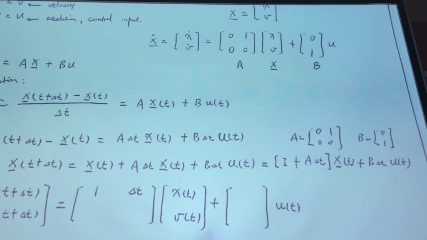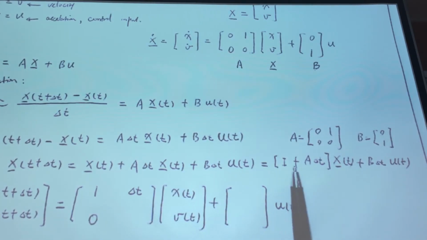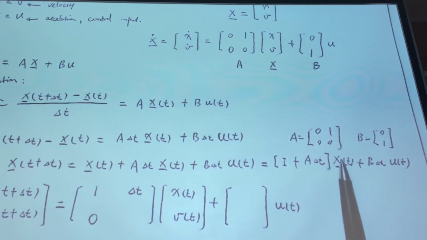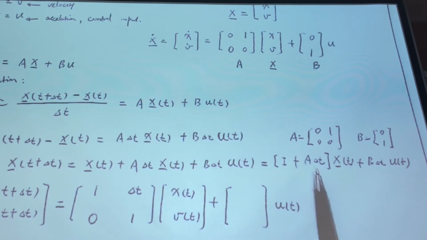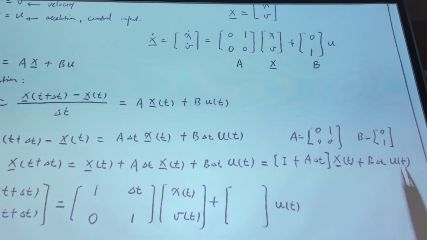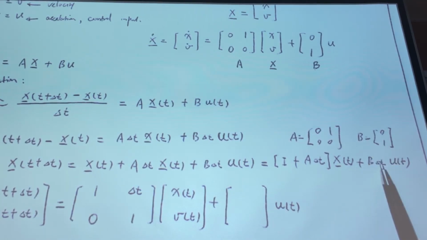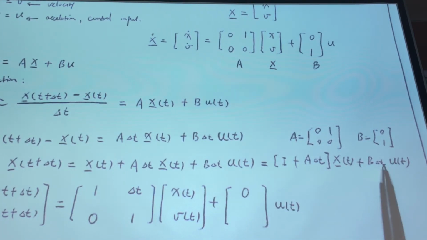The third one is 0 plus 0, so we have 0, and the last one is 1 plus 0 multiplied by delta t, so it is 1. Let's evaluate the other quantity. This matrix is given by B multiplied by delta t, so the first one is 0 multiplied by delta t, and the second is 1 multiplied by delta t.